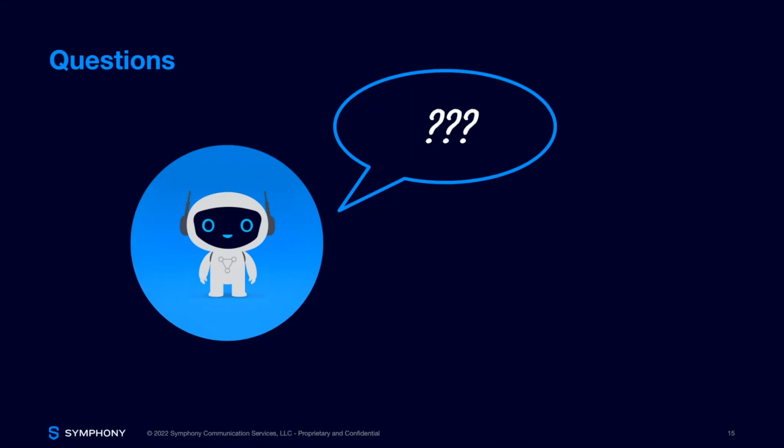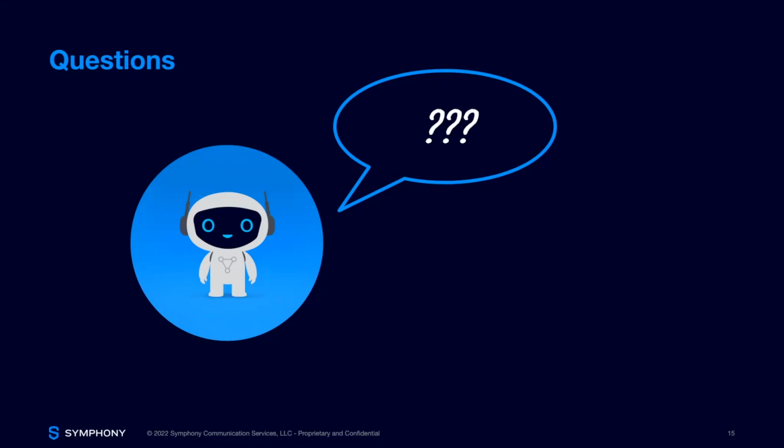We have a question. Will there be any documentation or training material available for ECP? So yes, we will have documentation available for the embedded collaboration platform on the Symphony developer documentation site. You can simply navigate to docs.developers.symphony.com and search for ECP to find out more information.